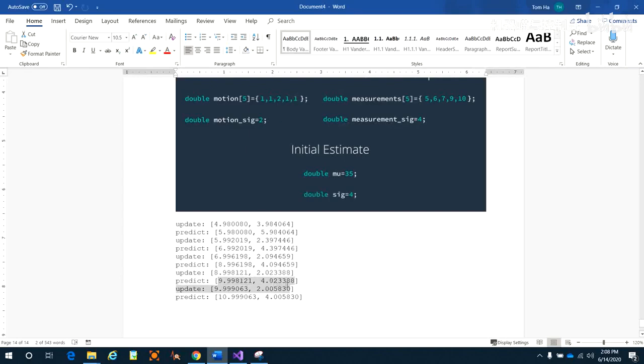They predict the state, this value, and the next measurement is 10. They correct and update the measurement to 9.99, with covariance 2. For the last one, they move 1, so you get the prediction of the last state, 10.9999. Really good prediction, right?